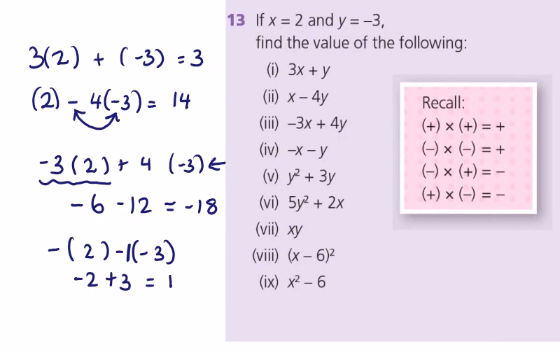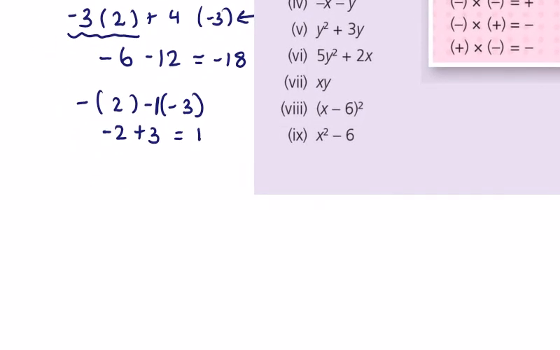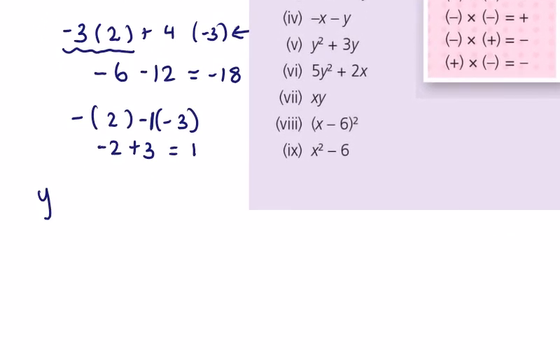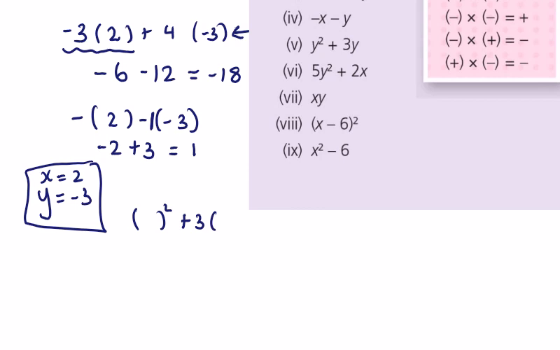On to number 5. We have y squared plus 3y. I'm just going to write it out again so you can keep seeing it. y is minus 3 and x is 2. So y squared plus 3y, we're replacing y. Minus 3 squared is minus 3 by minus 3. So two minuses give a 9.